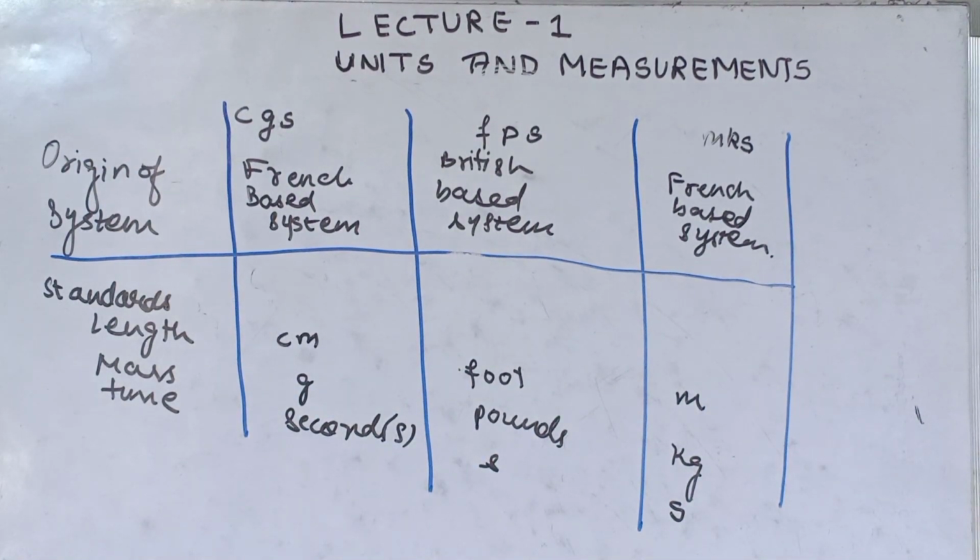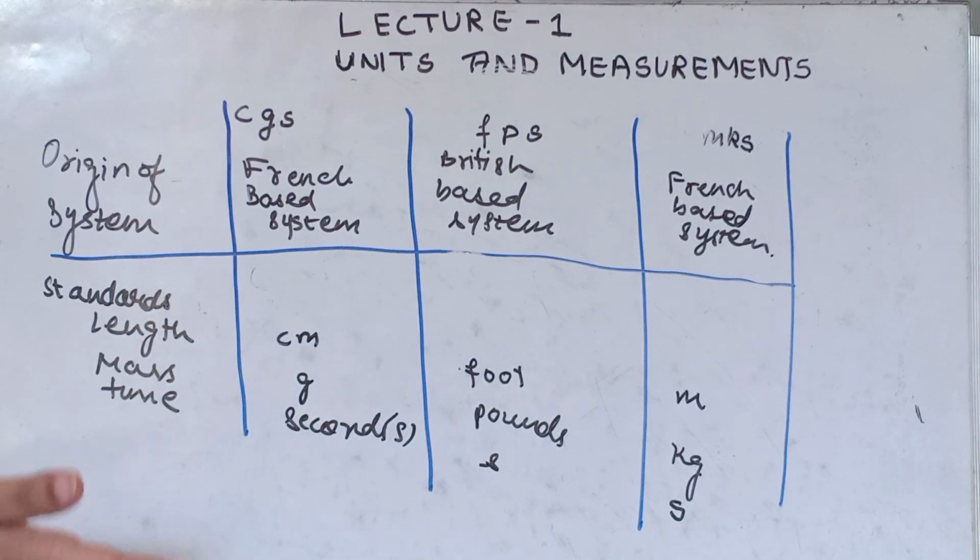Now comes a system which is used internationally, and today we follow that system. It is known as the International System of Units, or SI units, which is also French based, and it provides a standard for each of the 7 fundamental quantities, and also 2 supplementary quantities.